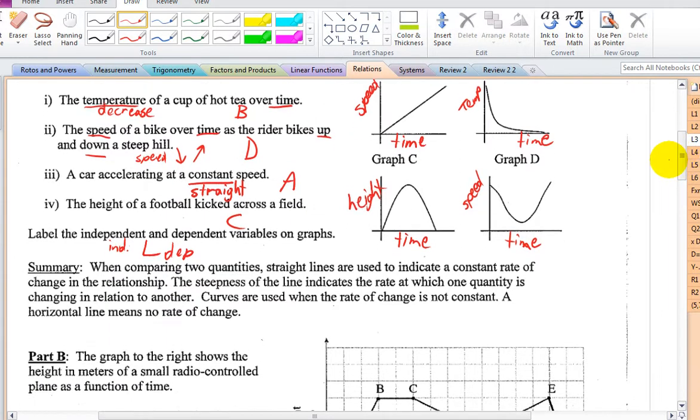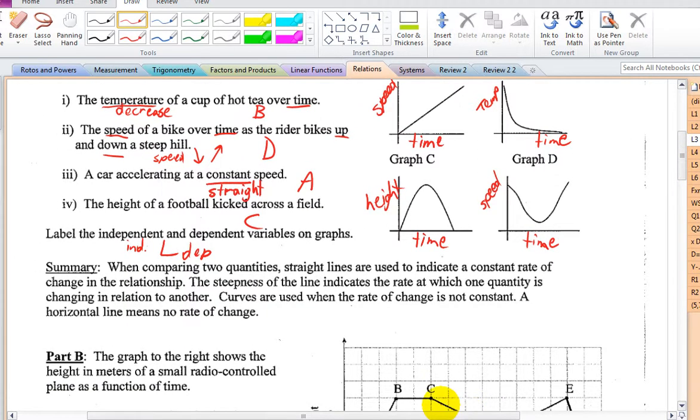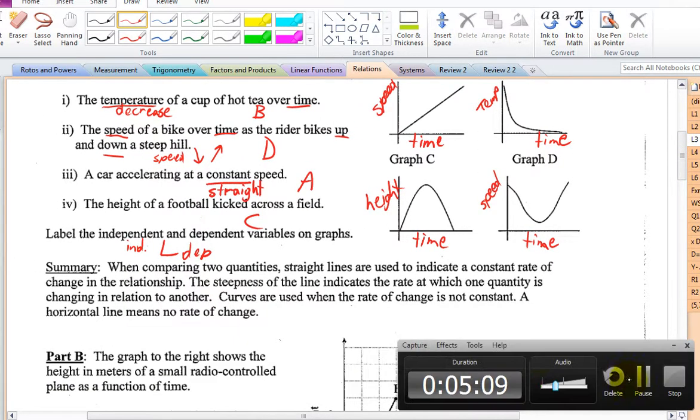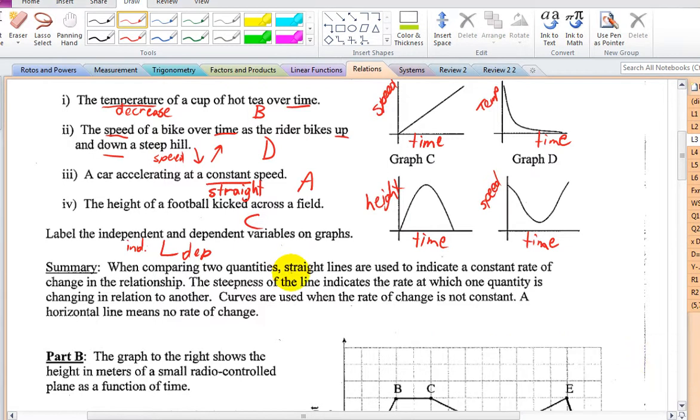Okay, summary. Please read the summary. So, underline straight lines, constant rate of change. That's important. The steepness indicates the rate. Okay, so a straight line versus the steepness indicates the rate. Which one's changing faster?